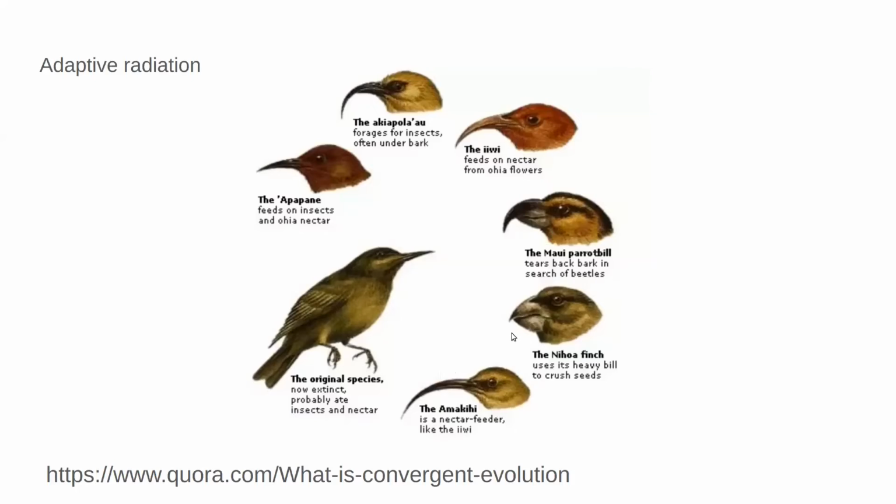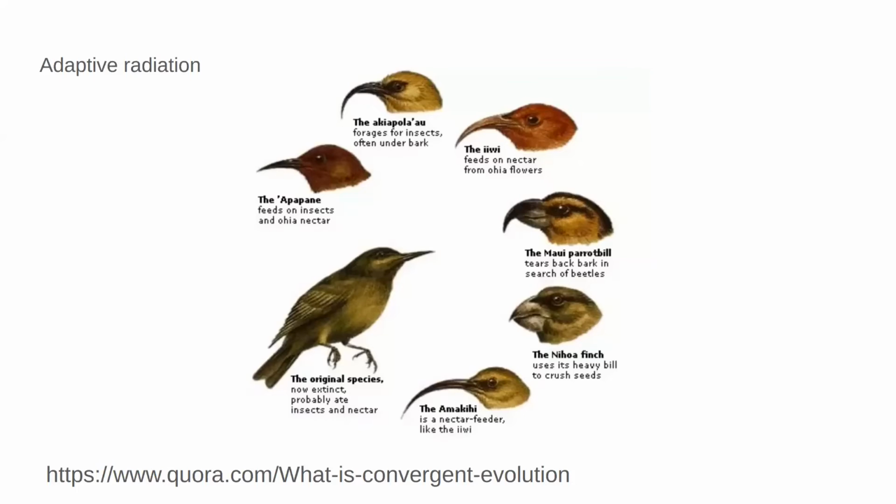This one crushes seeds with its beak. This one, you can't really see it in this picture, but it has a very strange beak. The upper part of its beak is the sharp pick that it uses to poke holes in wood, and the lower part of the beak is like an awl.